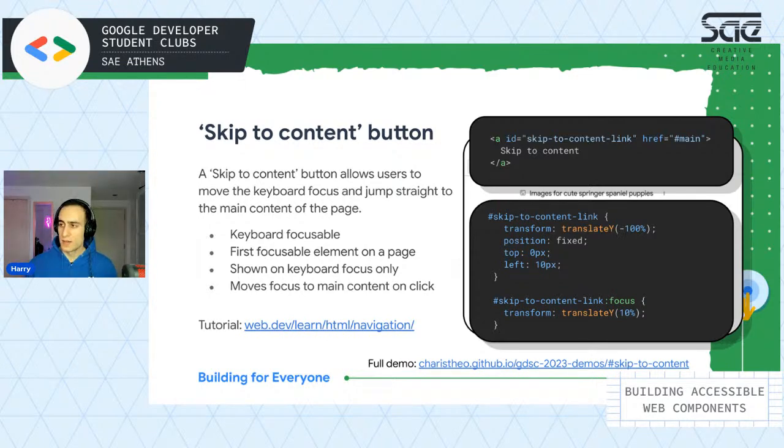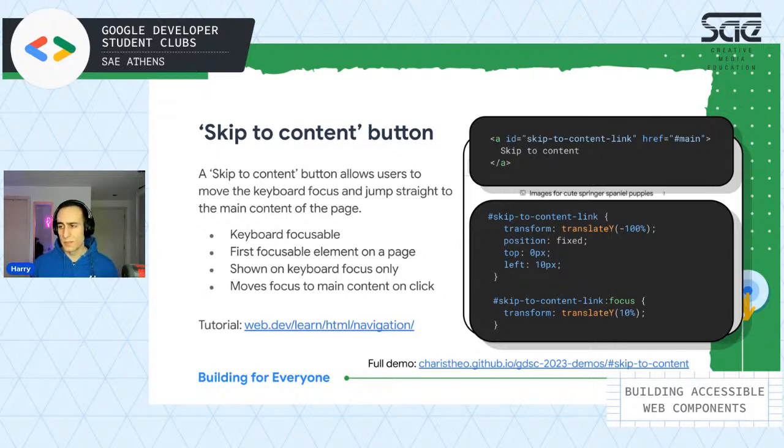Now, another very common element that you might find out there, and you can also see this live within the google.com website, is this: as soon as you search something and you press the tab button once, you see a skip to content button that allows you essentially to skip everything else, including navigation, maybe your account button or login and sign up buttons, and move the keyboard focus right into the main content.